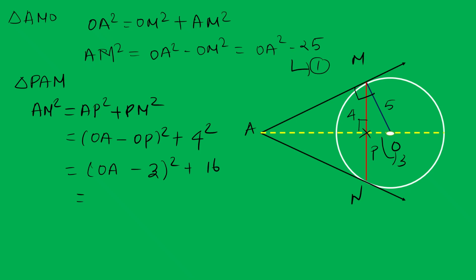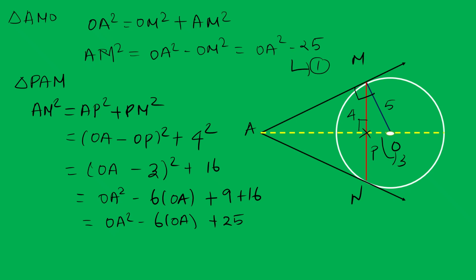And when we expand, OA square minus 2 times OA into 3, which is 6 times OA, plus this 3 square, which is 9, plus 16. So we get OA square minus 6 times OA plus 25. Okay.